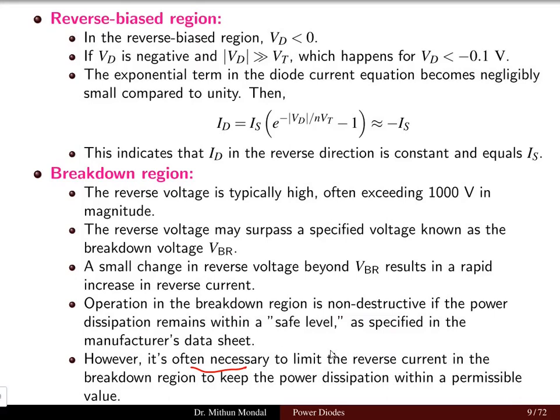However, it is often necessary to limit the reverse current in the breakdown region to keep the power dissipation within a permissible value. So in the reverse bias condition, there will be power dissipation and the diode can break. So seeing the manufacturer's data sheet, we have to see how much negative voltage, minus Vs, we have to apply.